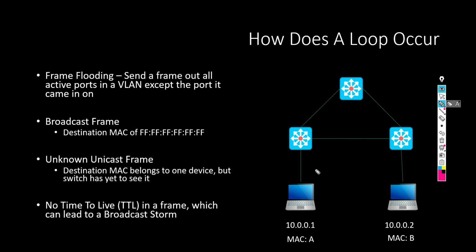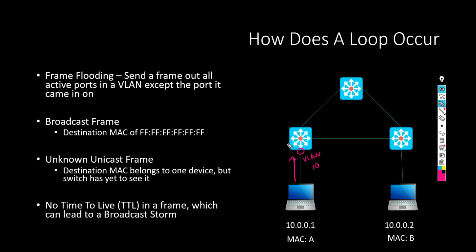So using our topology here, let's just say that this PC sends a frame into the network. This switch determines that this frame needs to be flooded. Now let's just say that this port is a member of VLAN 10. So he's going to flood the frame out any other active port that's also in VLAN 10.